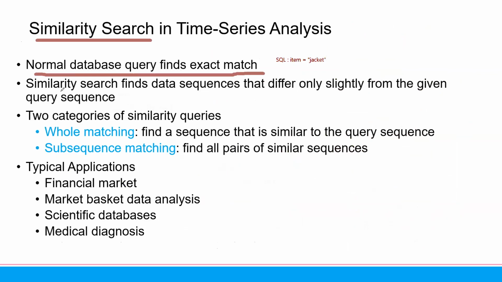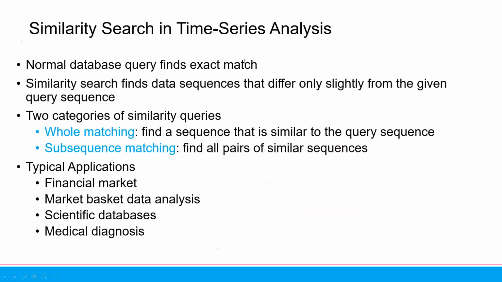But if we want to find the similarity, it means maybe it is not equal directly to jacket. Maybe some keywords like jumper, or another keyword, not jacket. But in the time series, we can also find the similarity to find the data sequence that differs only slightly from the given query sequence.